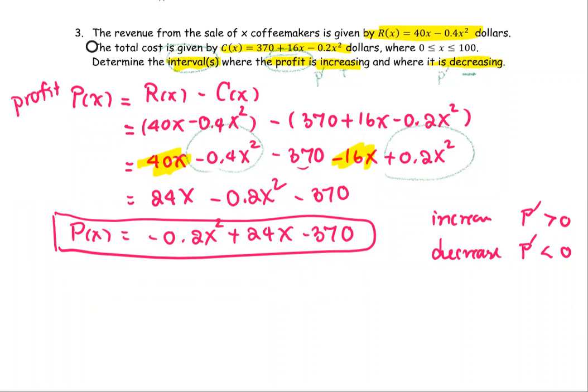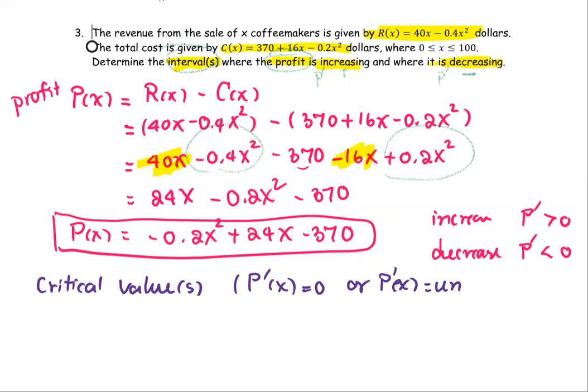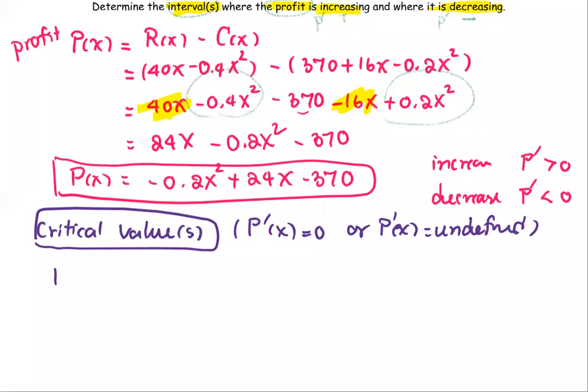Another way to say it, we're going to find the critical value, maybe more than one. A critical value occurs when P prime equals 0 or P prime of x is undefined. So two different cases. That means we're going to find P prime, the derivative of the profit.